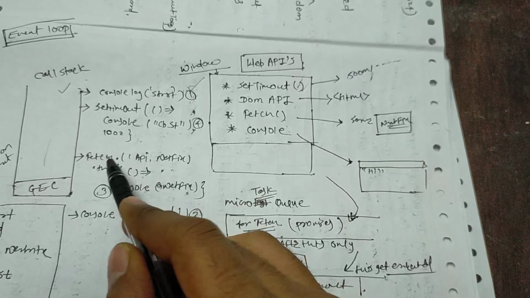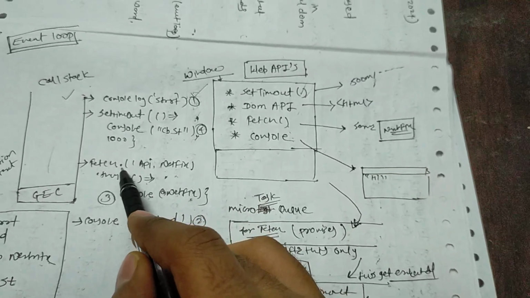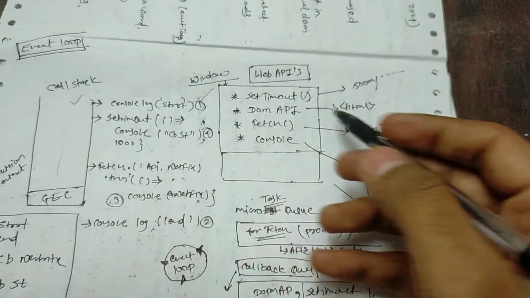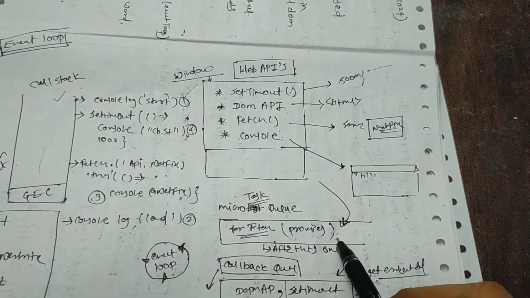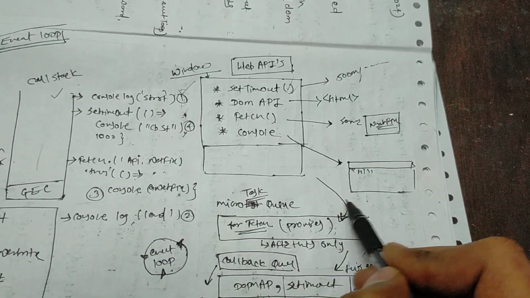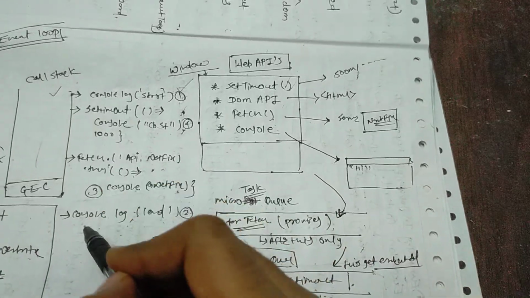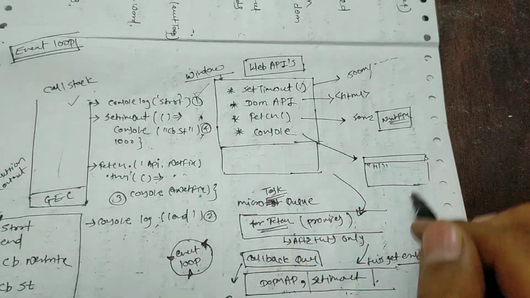After that it reads the fetch API. To handle this promise, it will go to the microtask queue. If we have another fetch API, it will go behind this.